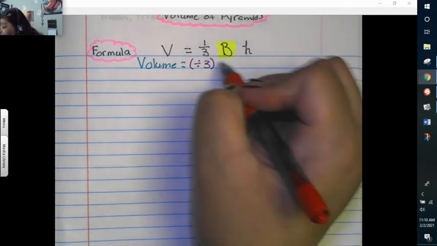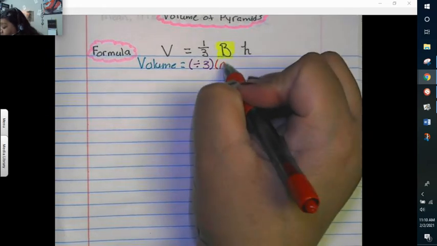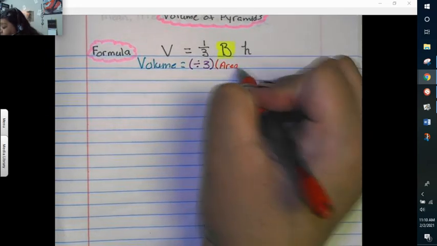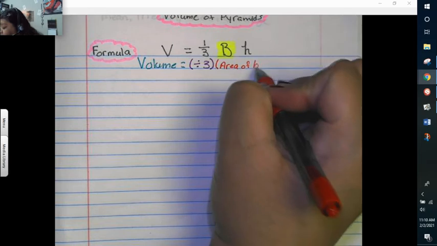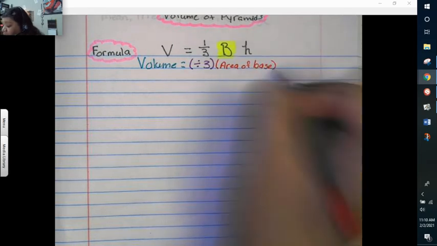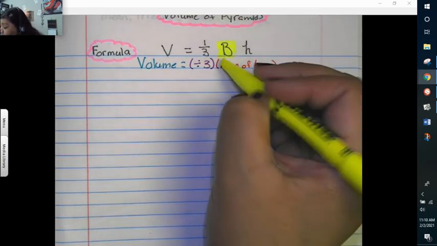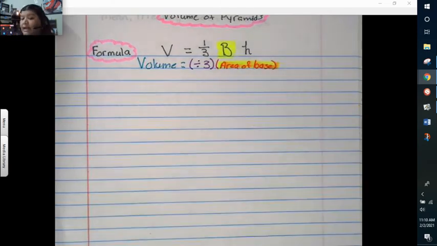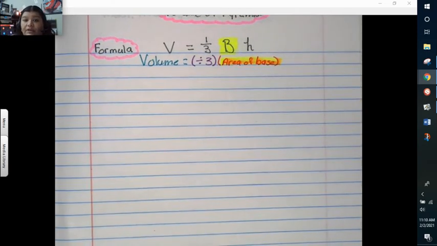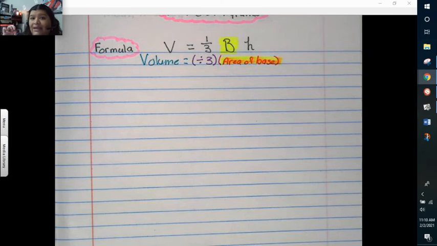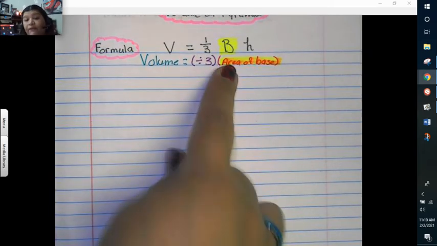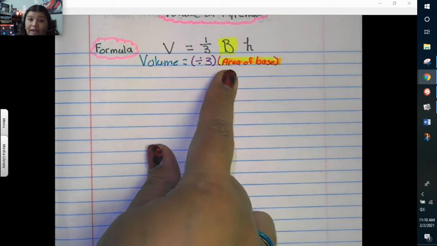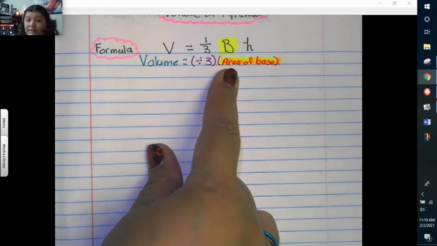And the capital B still represents the base, okay? So we need to put the formula for the area of the base here. Area of base, okay? So that represents the same thing. And that's why it's important you understand how three-dimensional figures are named. So if it is a rectangular or square pyramid, you're going to put the formula for a square or rectangle right there, which is just base times height.